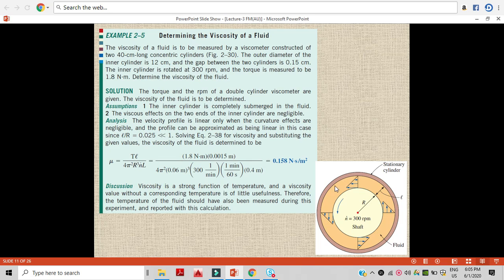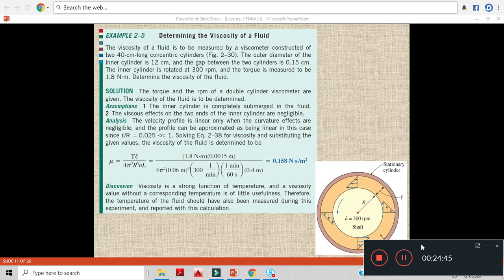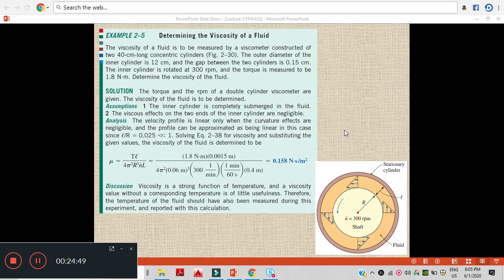Gap means the thickness of the fluid is also given. The inner cylinder is rotated at 300 rpm, and the torque is measured to be 1.8 Newton. The torque is also given, so determine the viscosity of the fluid.